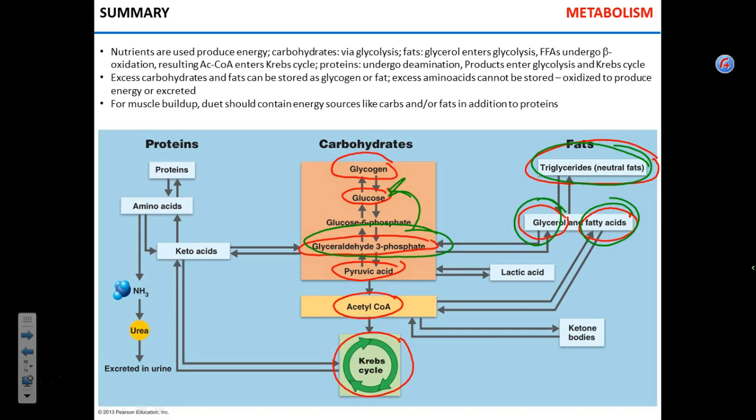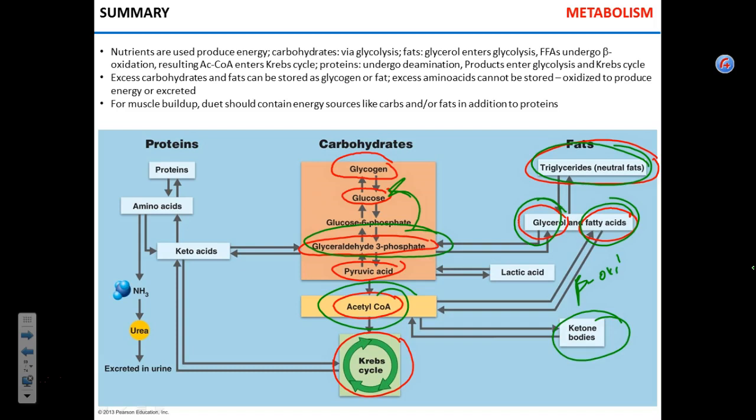Fatty acids will be metabolized to become acetyl-CoA. This is the reaction of beta oxidation. Okay? Acetyl-CoA can enter the Krebs cycle, but if oxaloacetic acid from the Krebs cycle is gone, acetyl-CoA has pretty much nowhere to go and is converted to ketone bodies in the liver.